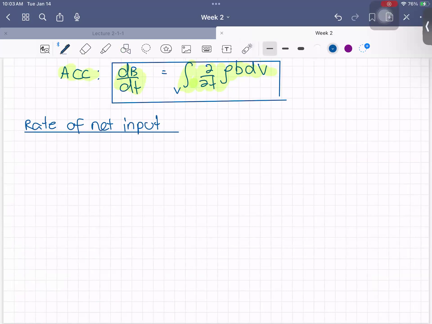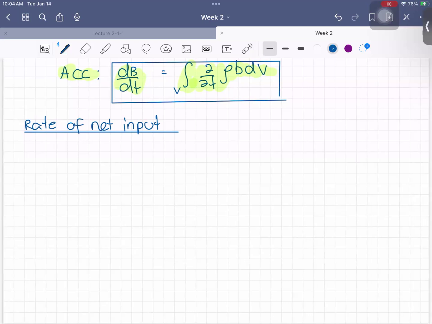So the last slide that I showed you in the PowerPoint previously, if you remember, the slide that shows the summary, all the transport is in terms of the flux, right? With respect to time and area.